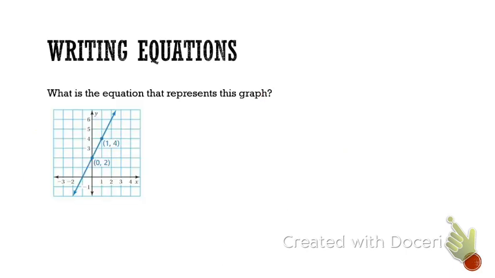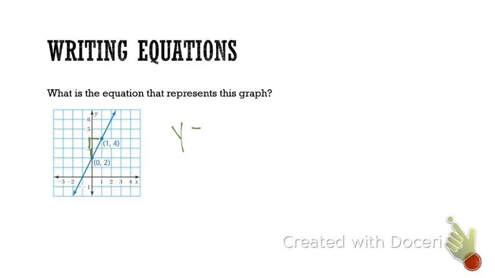Okay, now we need to write an equation. Remember, you need 2 things to write an equation: you need your slope and you need your y-intercept. When you have a graph, you can use the graph to find both of those pieces of information. Can you count rise over run to find your slope? Absolutely. I'm going to rise 1, 2, and run 1.